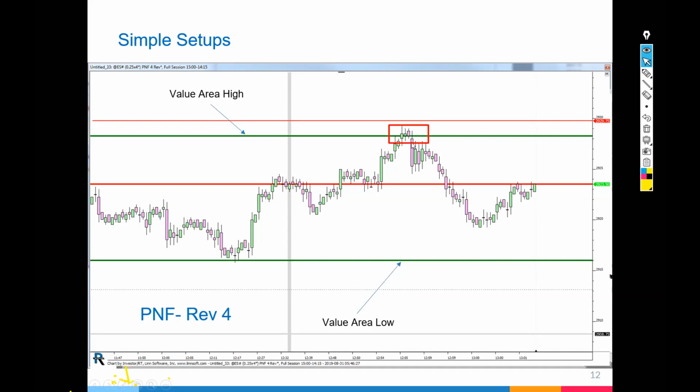So the setup really would tell me once I break the low of a green bar at the high, there is a high probability prices are going to continue to drop. And naturally, the next level of support will be right here at the volume point of control, and the next target likely to be the value area low.